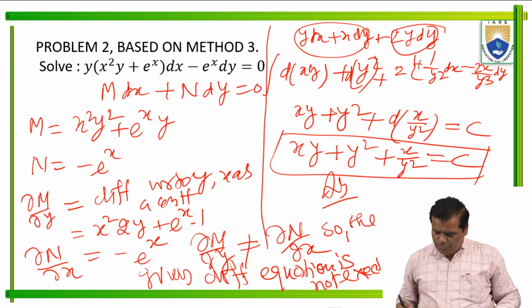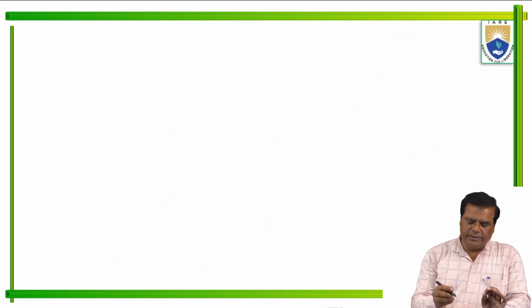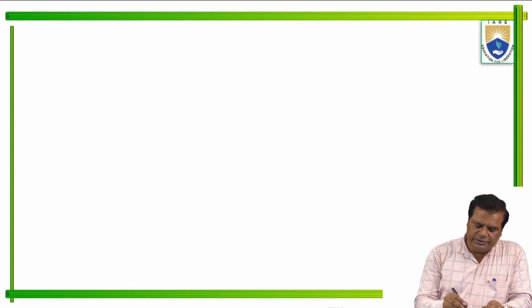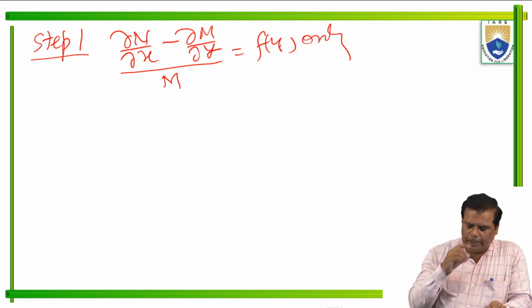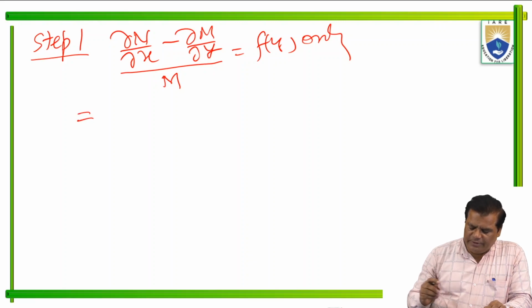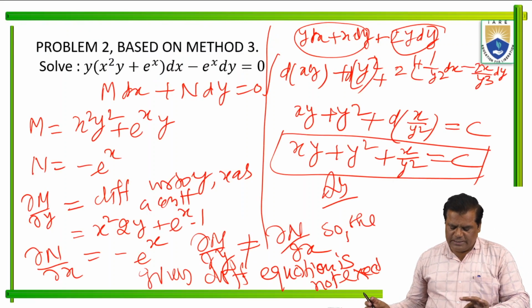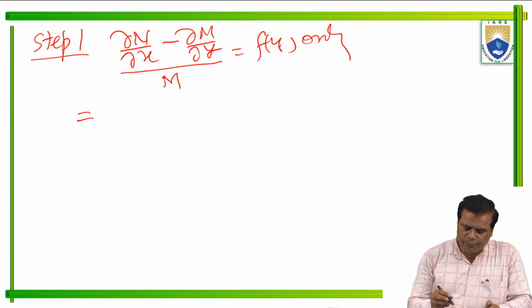Now we apply the formula of this method 3 here. Step 1, we are using del N over del x minus del M over del y upon N M, this is the function of y only. So writing the value of del N over del x, minus e to the power x, minus del M over del y.